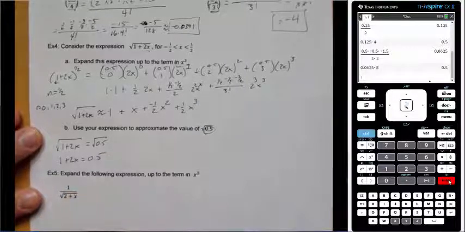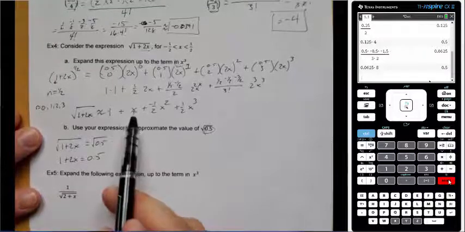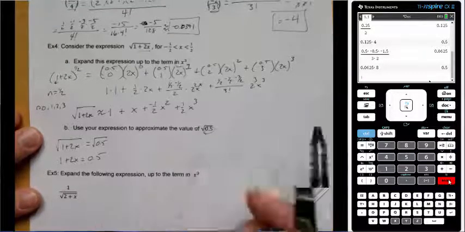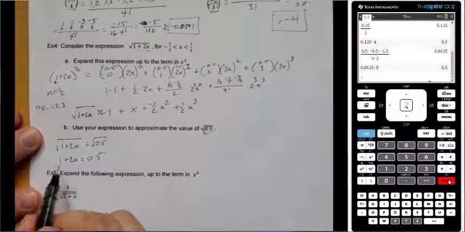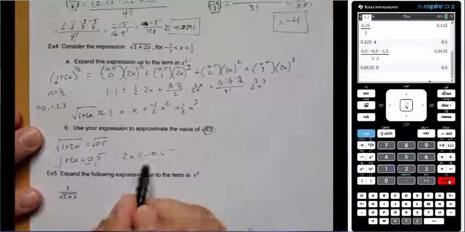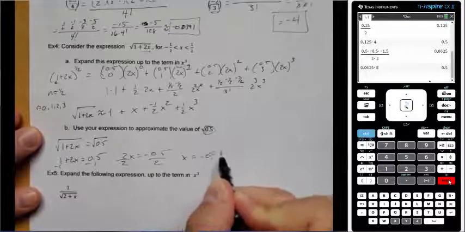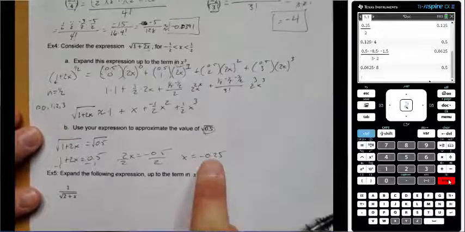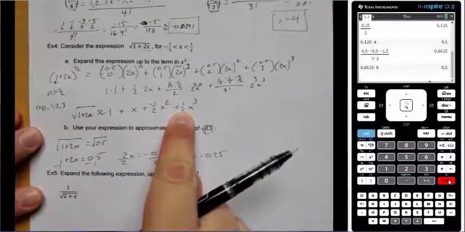If I find the value of x, then I can just plug x into my approximation, and I'll be able to approximate the square root of a half. So maybe solve for x. Divided by 2. That means that I need to plug in negative 0.25 into my polynomial expansion, and I'll have my approximation.